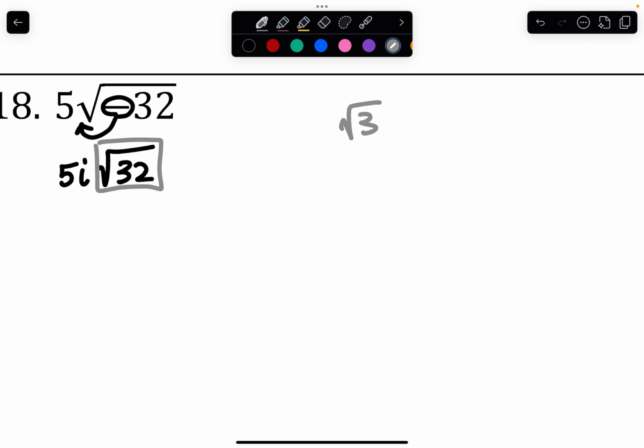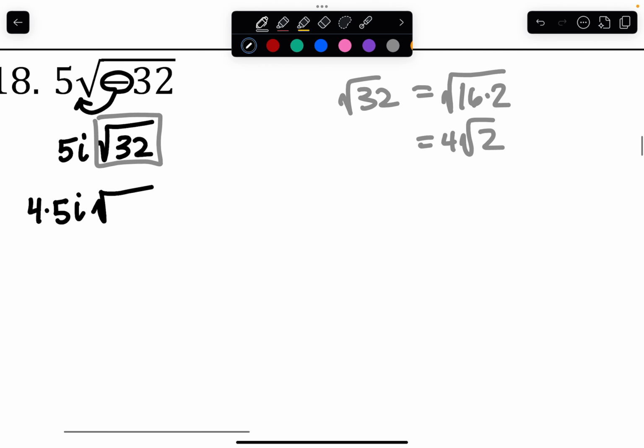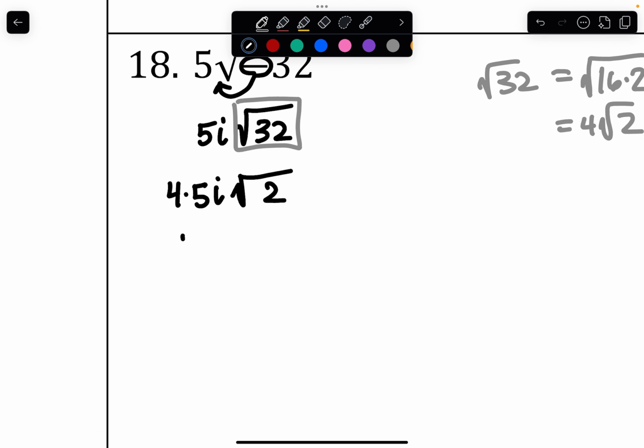And so square root of 32 is the same thing as square root of 16 times 2, which is 4 square roots of 2. And so that means I'm going to have a 4 outside the radical as well, with the 5i. And then the only thing left under the radical is a 2. And so this simplifies to 20i square roots of 2.